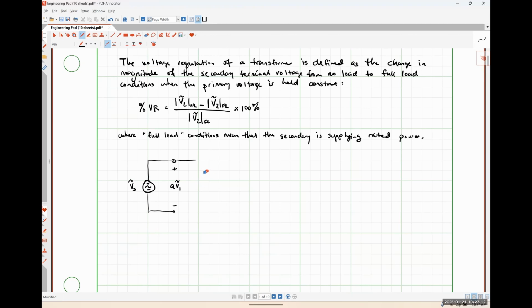Let me make this longer. This will be RC. Let's call it RCS because it's referred to the secondary. JXMS, once again, because it's referred to the secondary. Here's REQS, JXEQS.